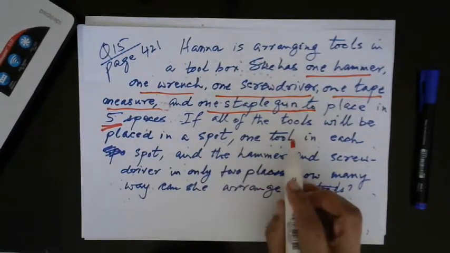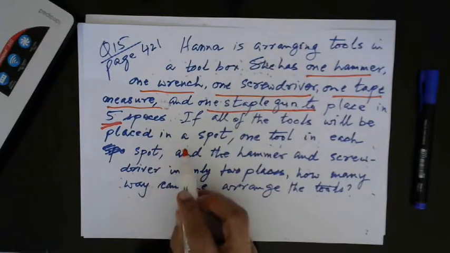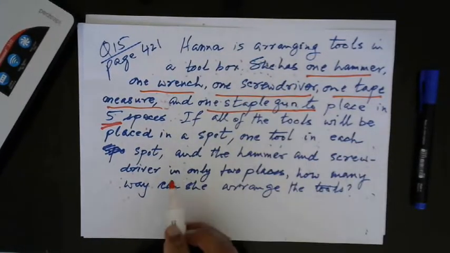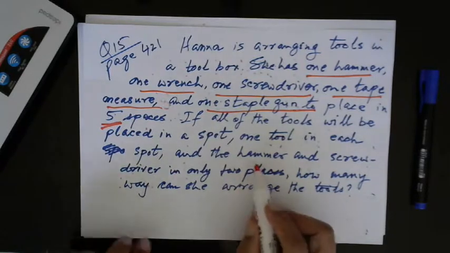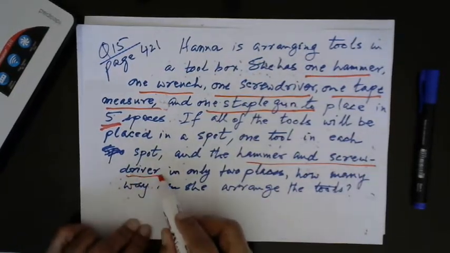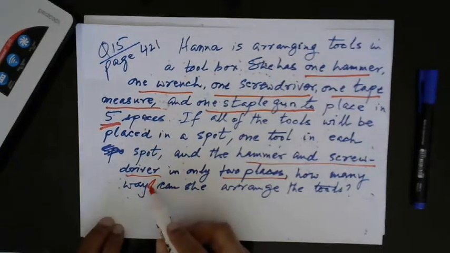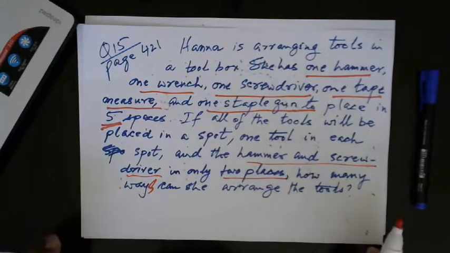If all of the tools will be placed in a spot, one tool in each spot, and the hammer and screwdriver in only 2 specific places, how many ways can she arrange the tools?